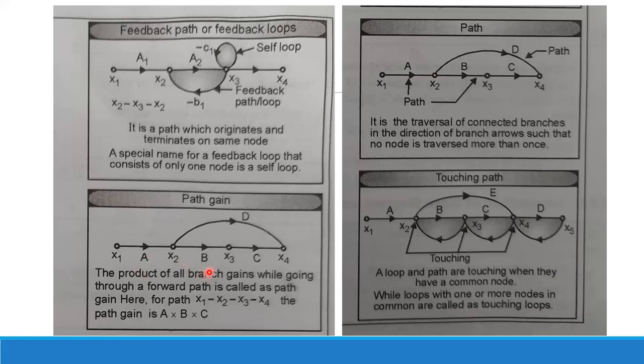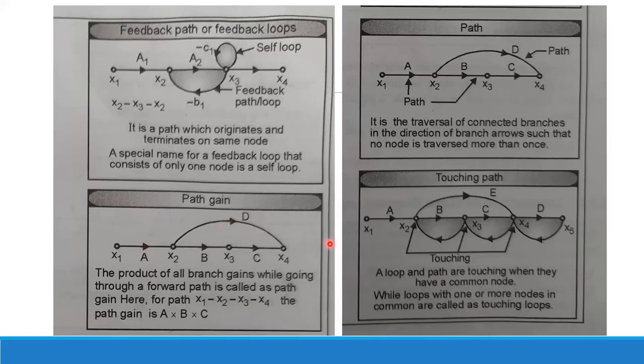So a multiplied by b multiplied by c will be the gain of this forward path x1 x2 x3 x4. Similarly, for the path x1 x2 and directly x4, the gain will be a multiplied by d. So this is your path gain.